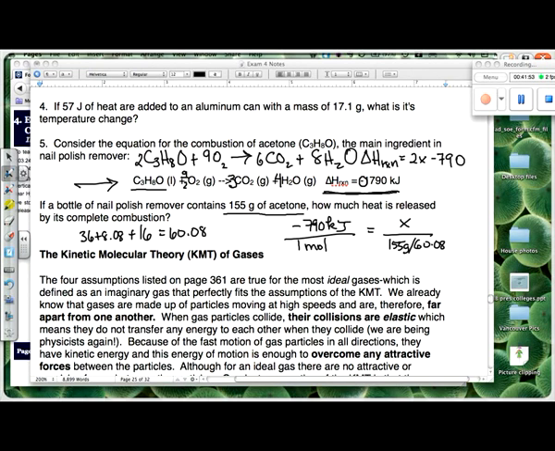So 155 divided by 60.08, and I have 2.58 moles times negative 790, and my amount that I'm searching for here is negative 2,038 kilojoules by solving this direct proportion.